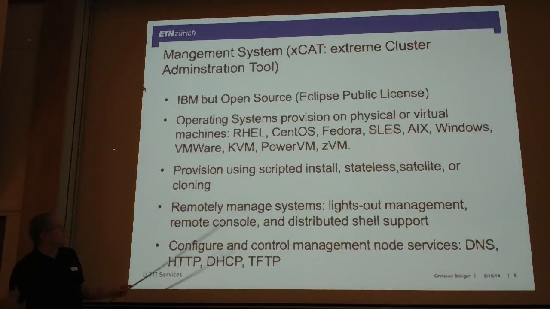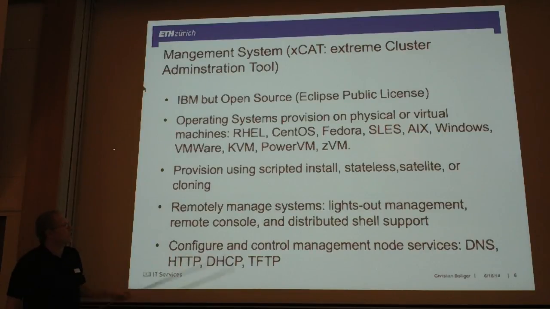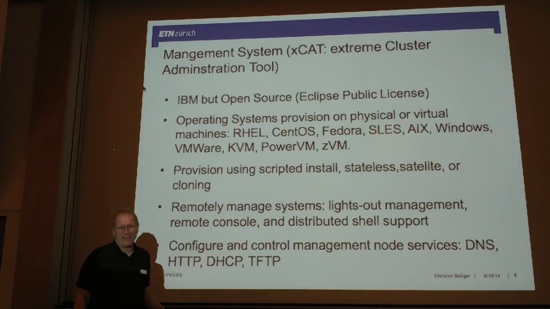But you can also automatically install the ESX with the XCAT, and on top of your virtual system, you can install the virtual machine. Same thing with KVM or CVM. It's in the end the oldest virtual machines. I think 72 or something, 1972.